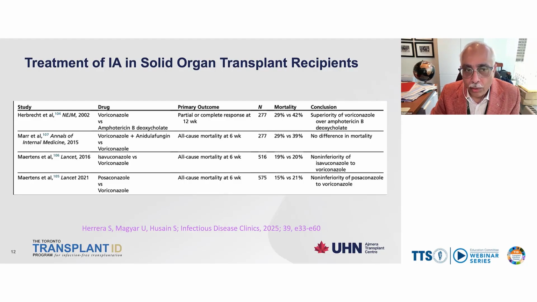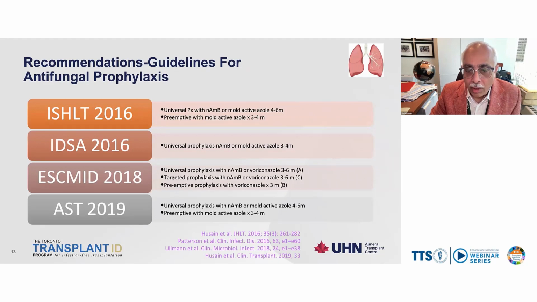This slide shows the 4 randomized controlled trials that have been done for the treatment of invasive aspergillosis. Voriconazole still remains the drug of choice, followed by isavuconazole and posaconazole. There are several guidelines, so I've included this slide just for completeness, but keep watching.